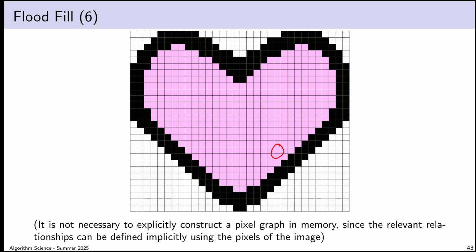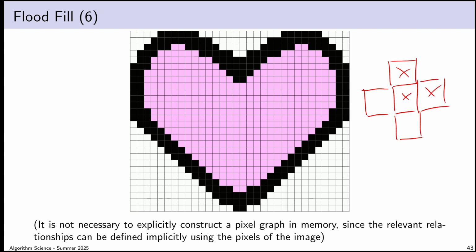I could write a function, for example, to return the neighbors of a particular vertex. I'll make a larger version of a diagram. If I say, give me the neighbors of the vertex corresponding to this pixel, I can write a function that looks at all of the adjacent pixels and returns a list of which pixels have the same color as the one that I started with.